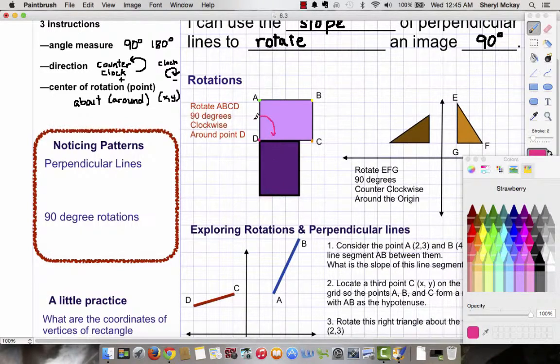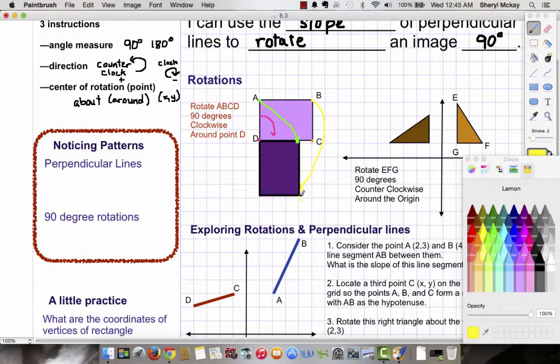So now I want us to identify where point A ended up. Well, point A would have ended up right here, right there. That's A. Okay? And then point B would have ended up right here.